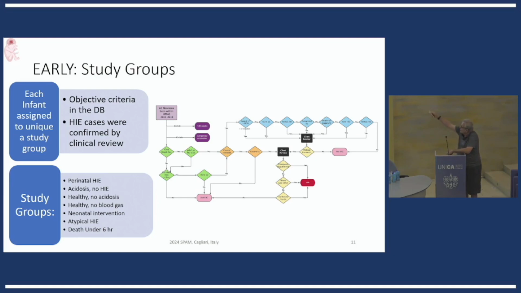And essentially we defined each patient as being HIE, someone who had acidosis with no HIE, healthy with no acidosis, and in fact the majority of instances were healthy with no blood gas, so we couldn't actually confirm they had no acidosis. And there were 2 or 3 other sort of smaller situations.